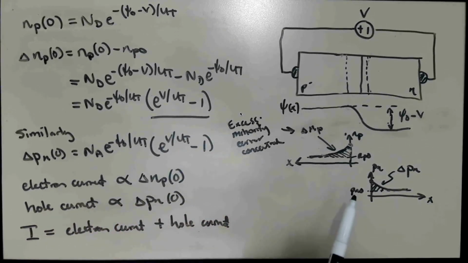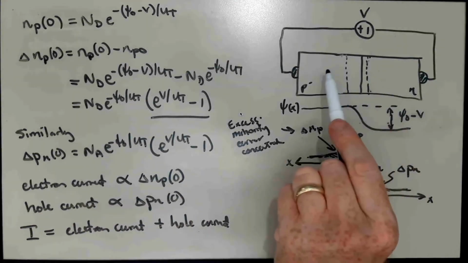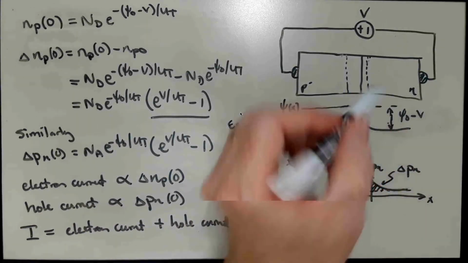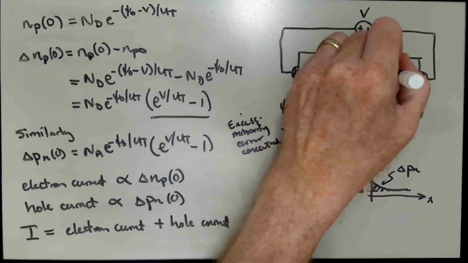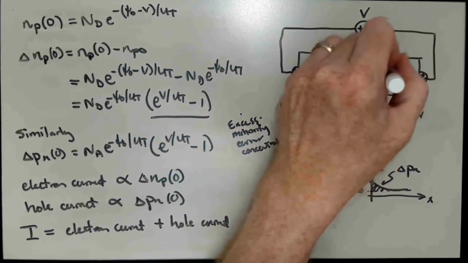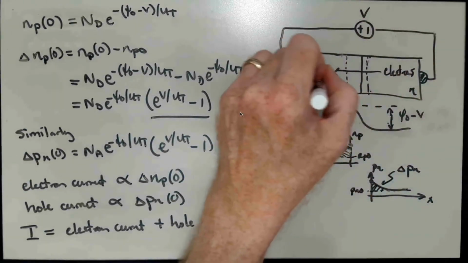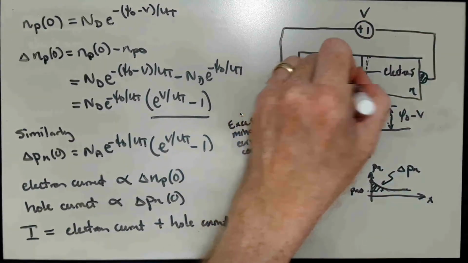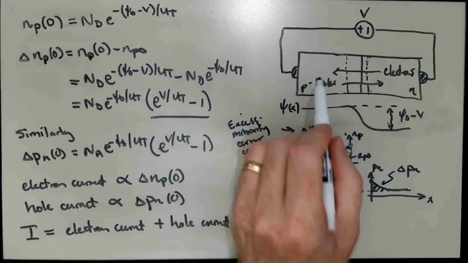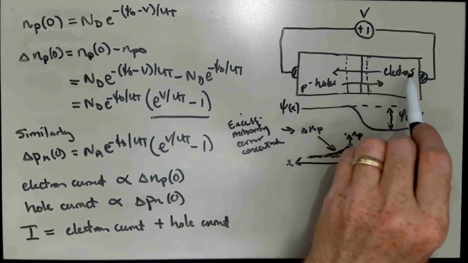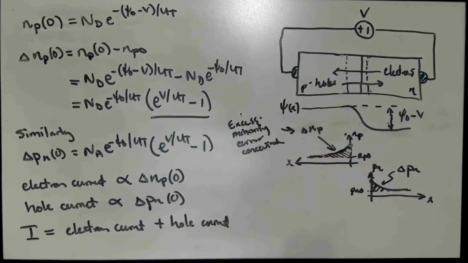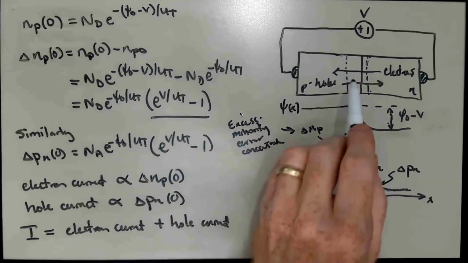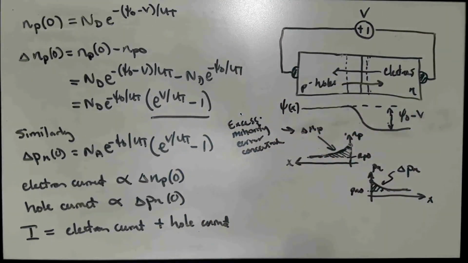So the electrons are moving this way and the holes are moving this way. So the hole current is moving from P to N, the electron current is moving from N to P, but since the electrons have a negative charge, the electron current under conventional current flow is going in the same direction and adding to the hole current.